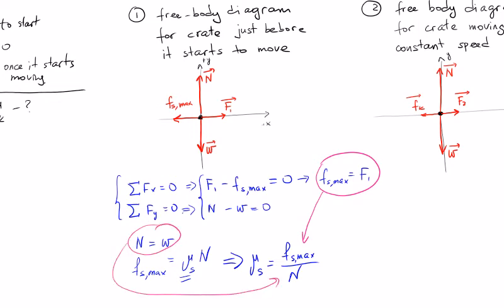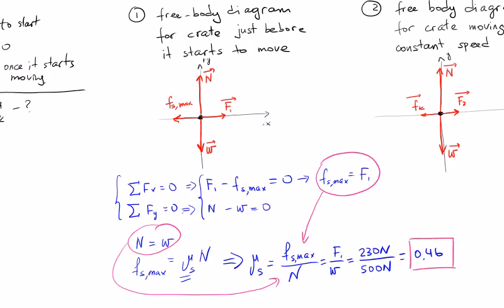So we have F1 over the weight, that equals 230 newtons divided by 500 newtons, and that gives us 0.46 for the static friction. So this would be our first answer.